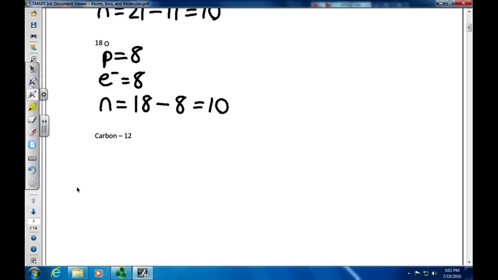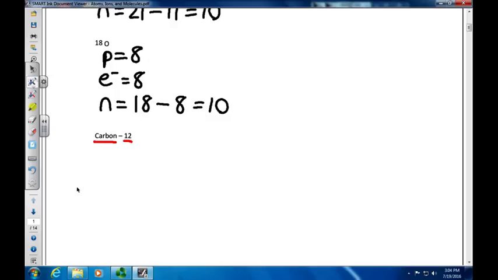The third and final way for someone to write an isotope is to include the name of the element and its isotope signifier. So in this case, it's carbon-12. Well, with carbon-12, we know that we're dealing with carbon, obviously. But we're not given the number of protons in carbon.